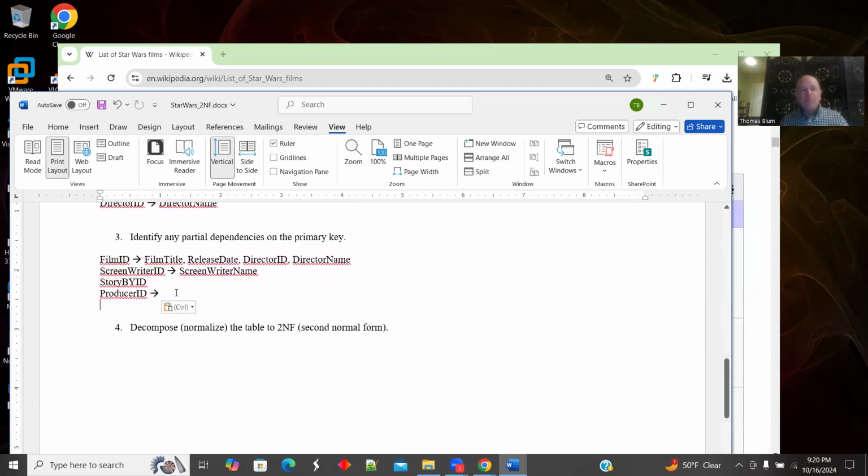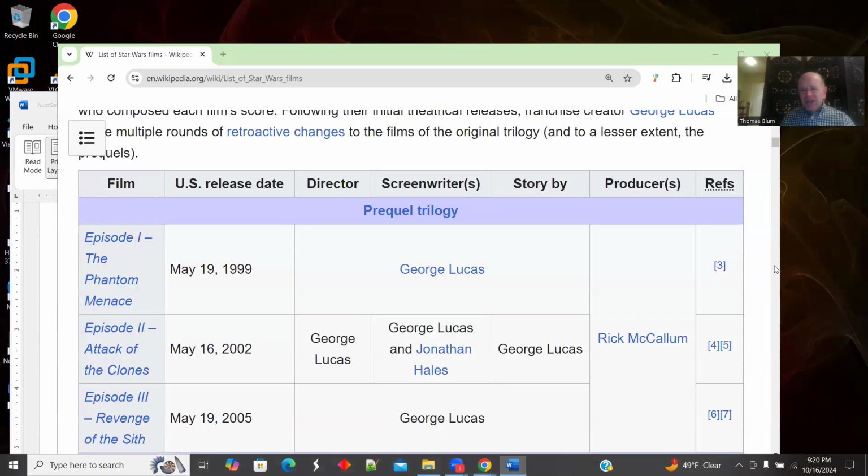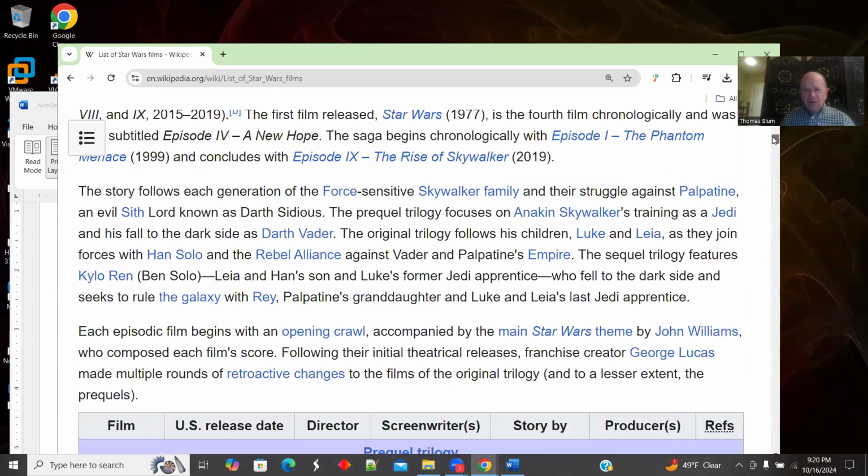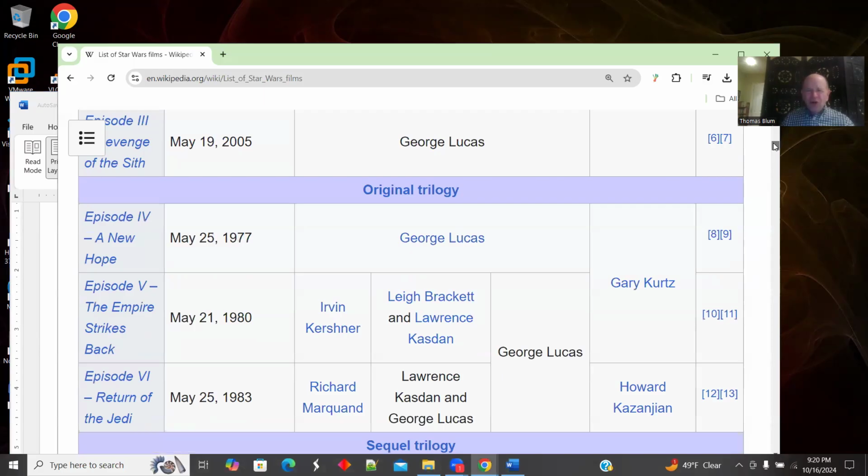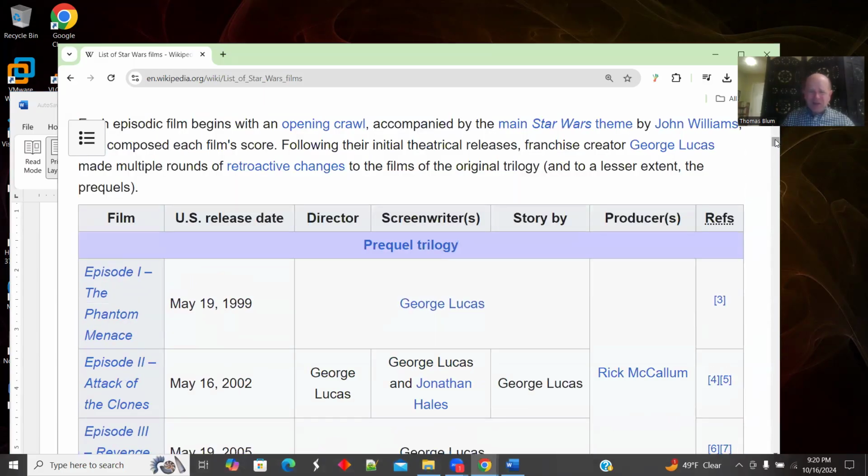So now we start to make our decomposing tables. Now, this raises an interesting point in that we have entities. We're trying to make our tables our entities and then have some relationships, and particularly with George Lucas all over the place here as the director, especially for the first one, and then another one later on.